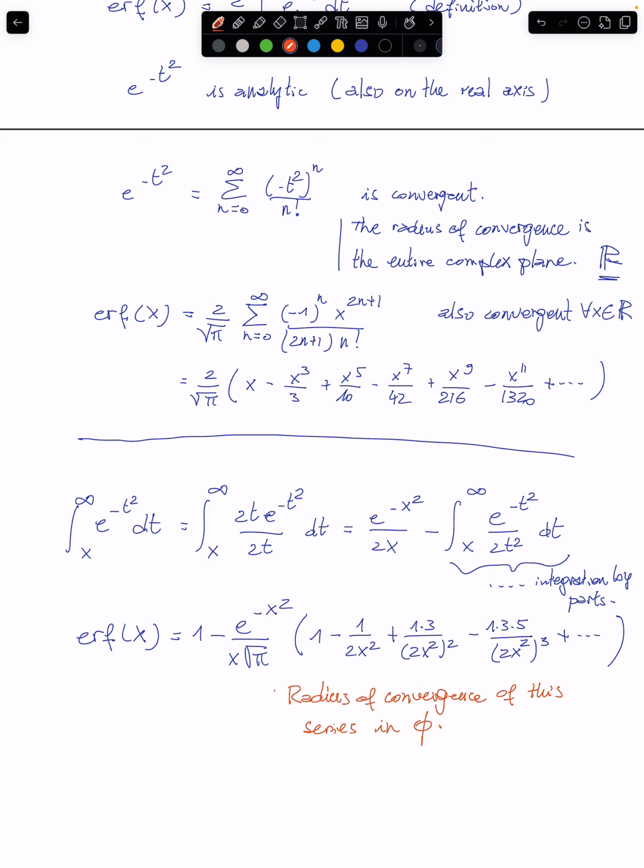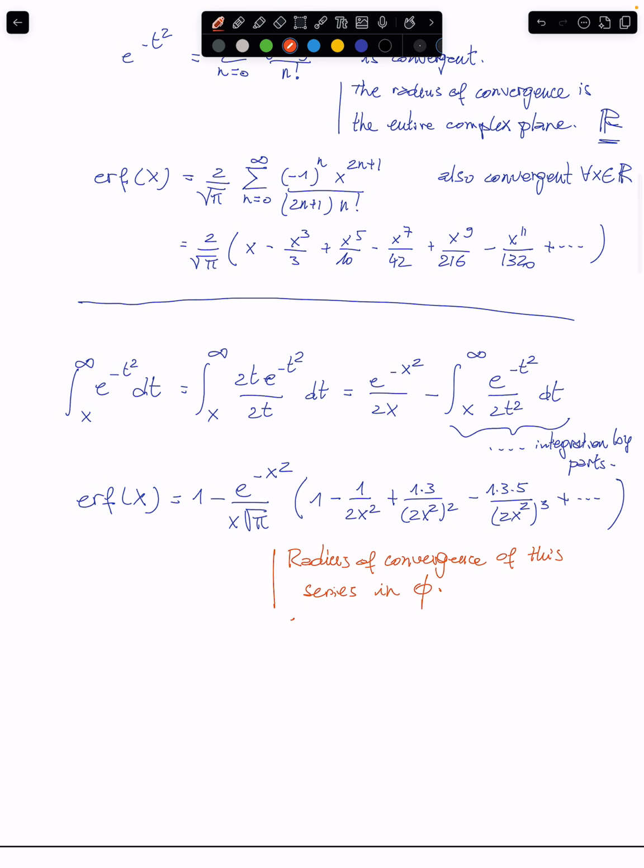So there's no single value of x which is such that this series is convergent. All right? No value of x such that this series converges.